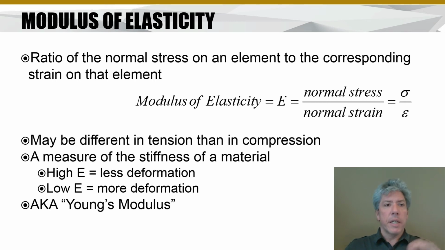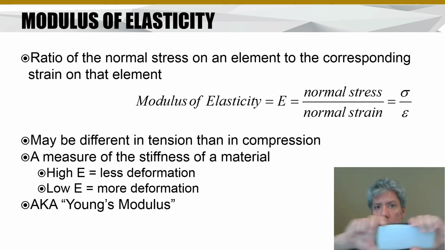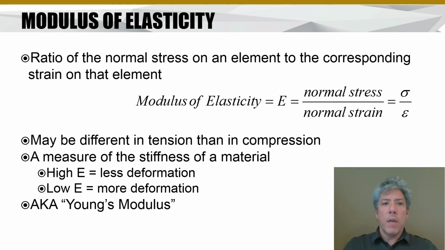We'll get into that a little bit later. So if we take the ratio of the normal stress, remember we're talking about normal stress, so just pulling on something again, if we take the normal stress and divide it by the normal strain, then we've got something that we call the elastic modulus. Now, the elastic modulus is usually measured only at very small strains.